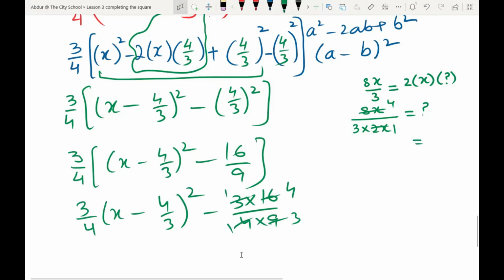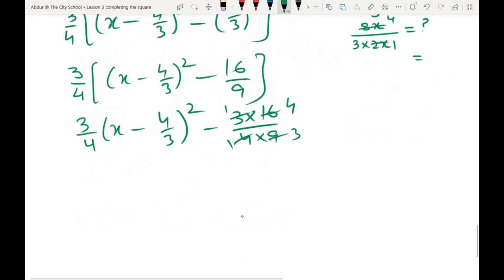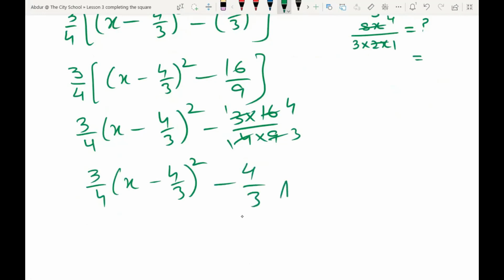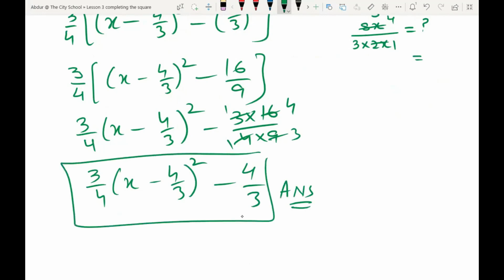The final answer will be 3 over 4 times x minus 4 over 3 whole square minus 4 over 3, which is the completing the square form.